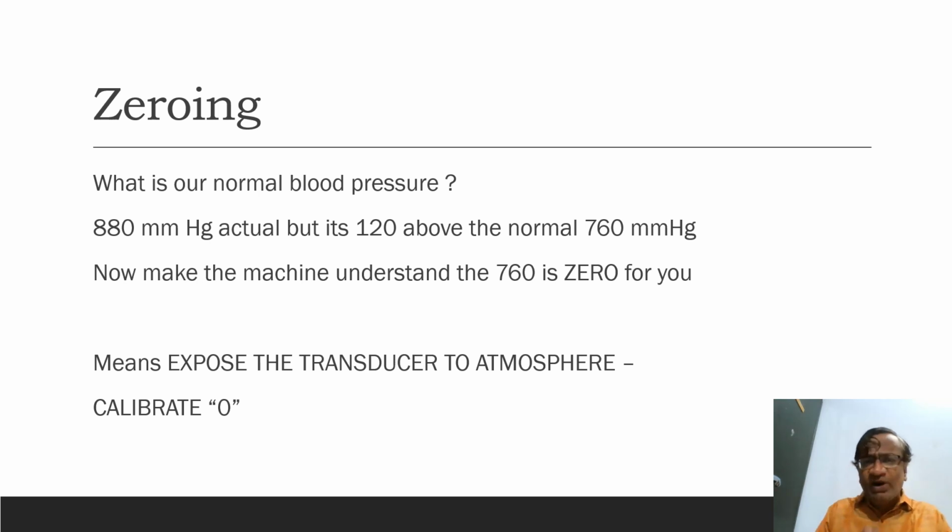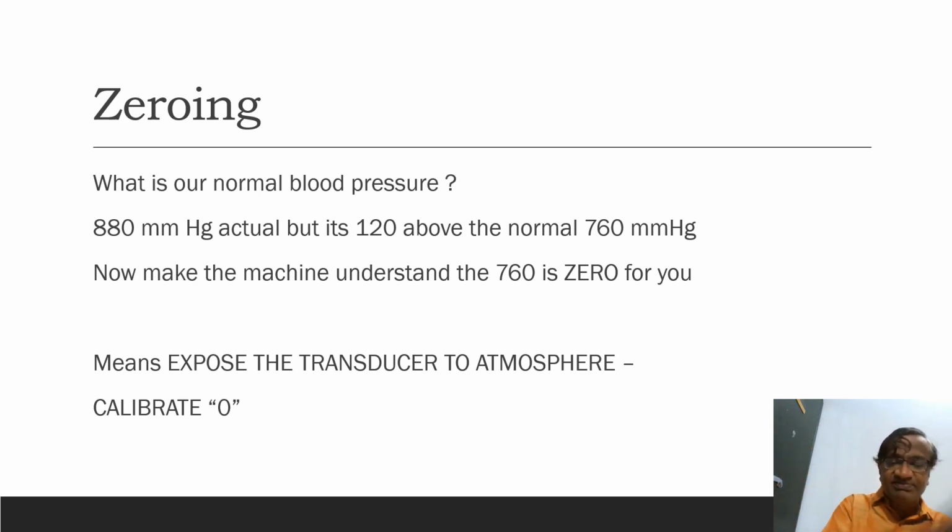Now, our normal blood pressure is 880 millimeters of mercury. That means it is 120 above normal 760 millimeters. Our sea level is 760. Now, if a person's blood pressure is 880 millimeters of mercury, you have to make the machine understand that 760 is equal to 0.